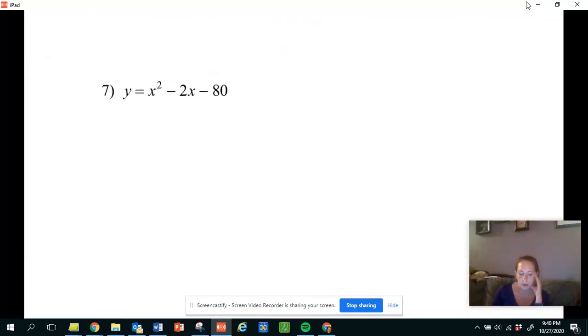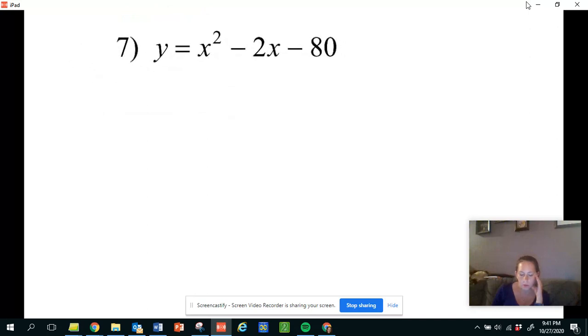And then finally this one. This does not have a greatest common factor, so I can jump straight to the factoring part. So I have to find my factors of 80.